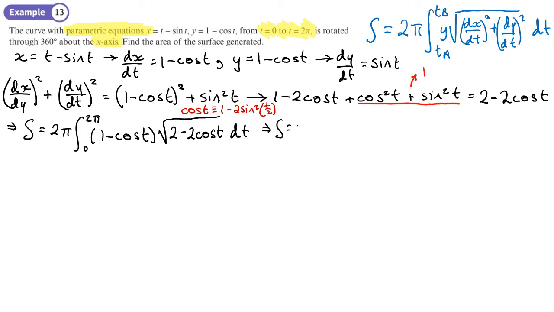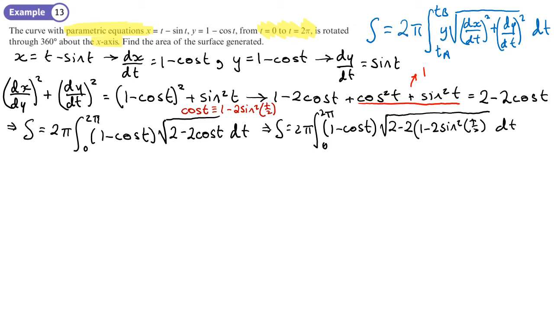So s equals 2 pi, same limits, 1 minus cos t, and then it's going to be the square root of 2 minus 2 times by 1 minus 2 sine squared t over 2.